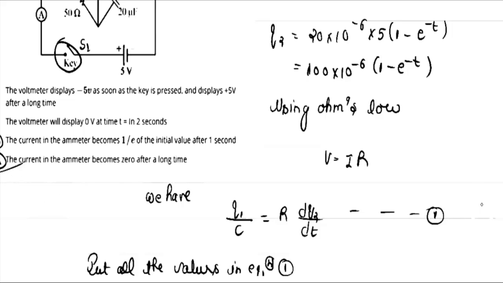We find I is 0.0003 e to the power minus t, and putting t equals infinity, I is 0. And the voltmeter displays minus 5 as soon as the key is pressed and then 5 volt, so in this way only positive 5 volts is shown. So options A, B, C, D, all these options are correct.